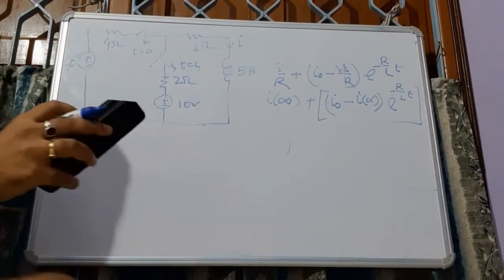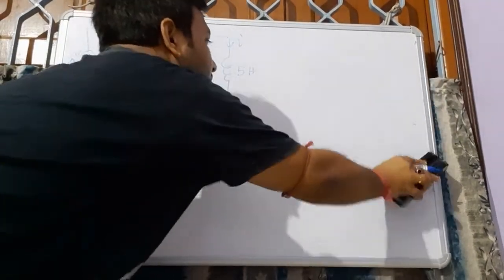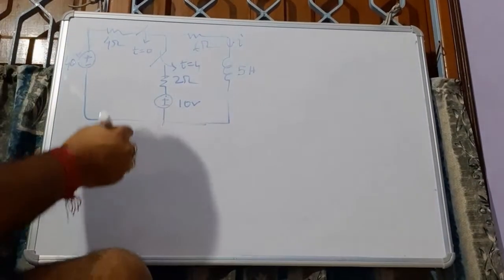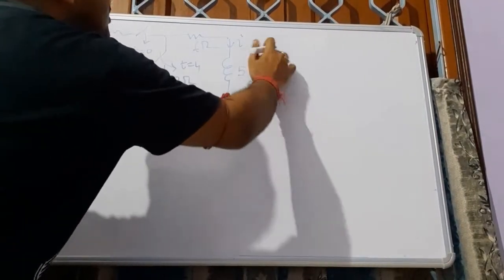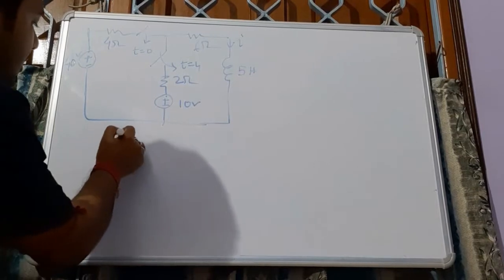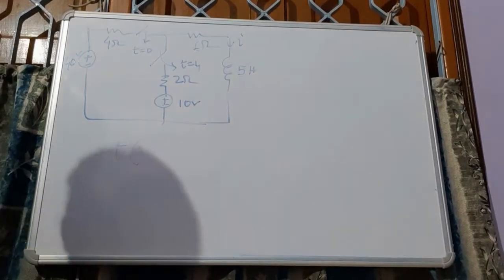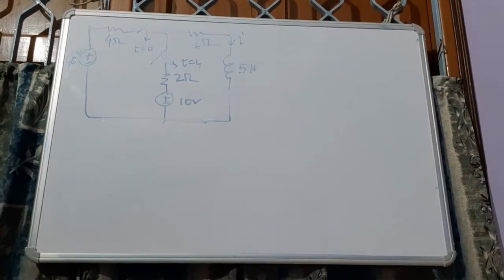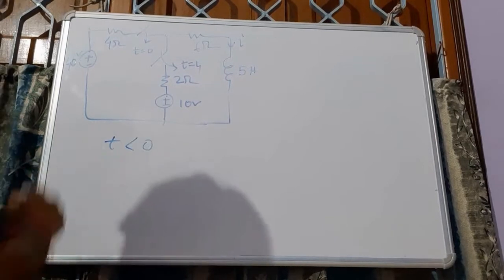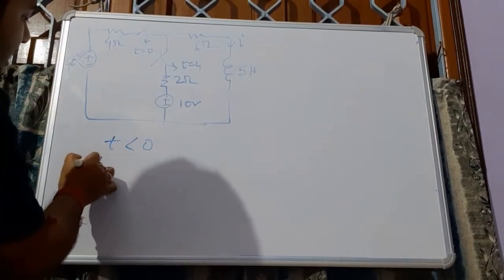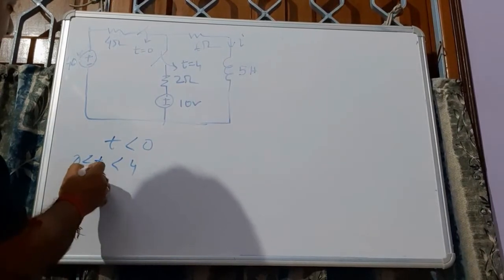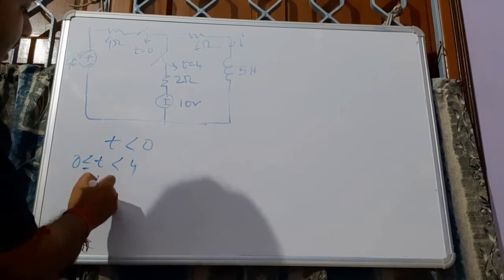Now you have to calculate this i. So if I want to calculate this i, there are 3 instants of time, okay: for time t less than 0, and for time t greater than 0 and less than 4 seconds, and for t greater than or equal to 4 seconds.